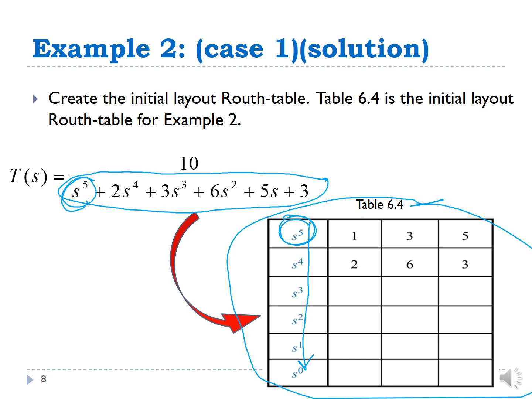From the denominator, the coefficient for the highest power of s, which is s power of 5, is 1. Therefore, the second column of the first row must start with 1.